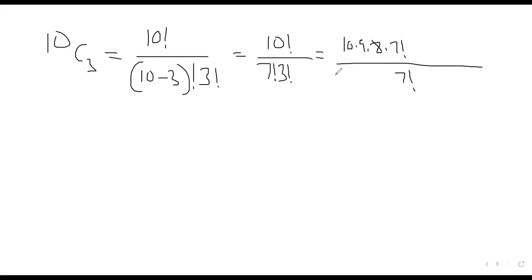Then the 3 factorial can break down as 3 times 2 times 1. 7 factorial cancels the 7 factorial. 3 here goes 3 times. 2 there goes 4 times. 3 times 12 is 120. So this is how 120 is calculated.